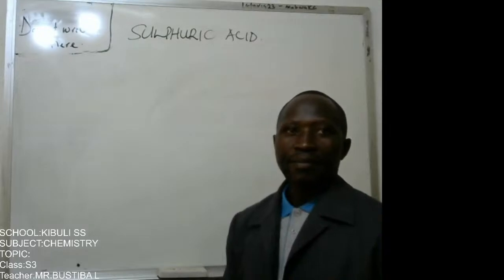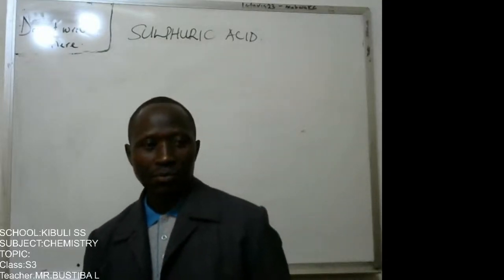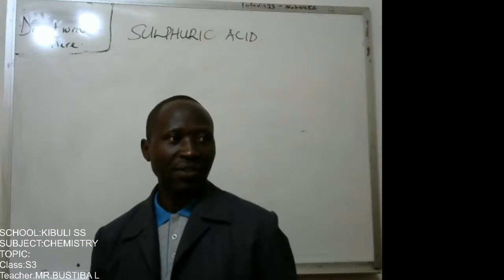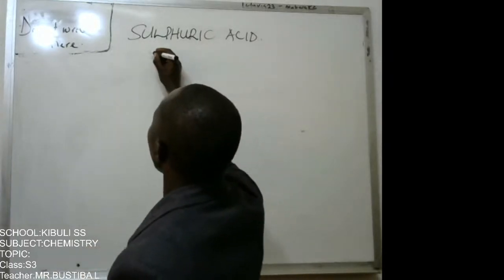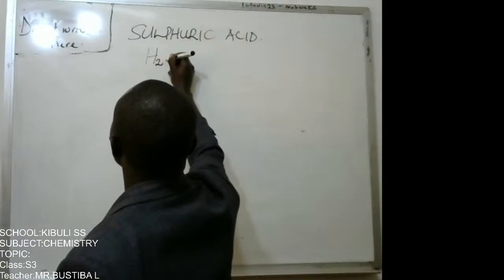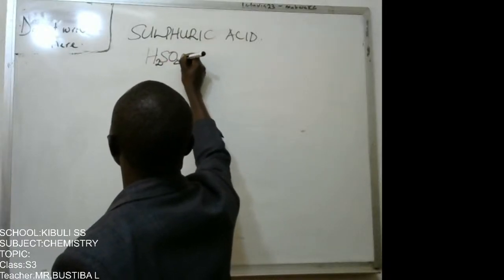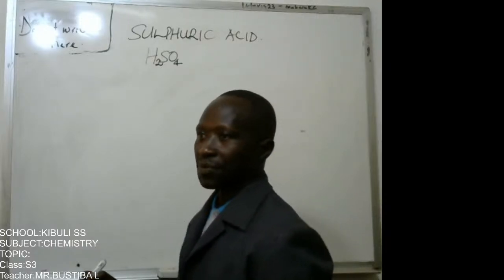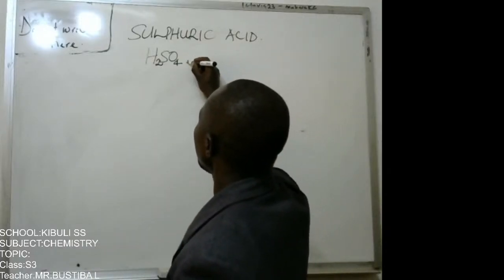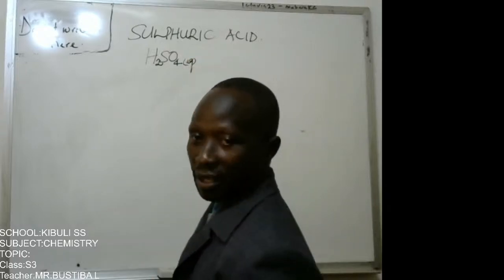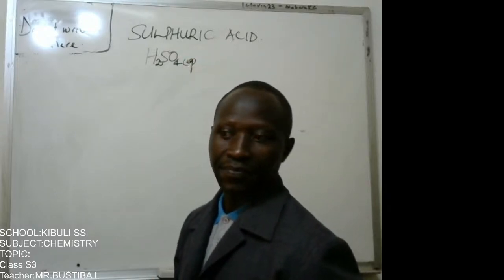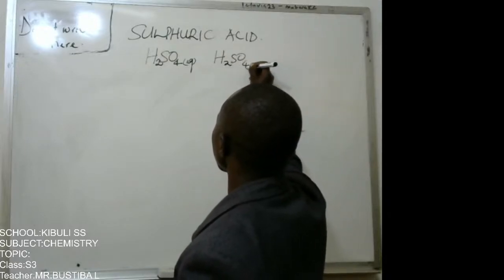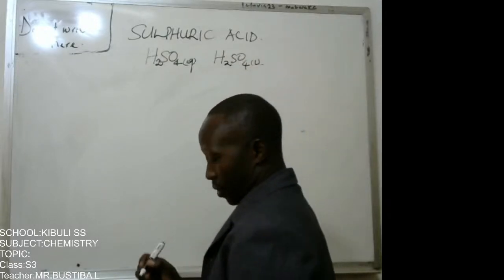You are aware from senior 1 to senior 2 chemistry, sulfuric acid has a formula H2SO4. And from knowledge of chemistry, we have sulfuric acid given as aqueous, and we have the same sulfuric acid given as a liquid.